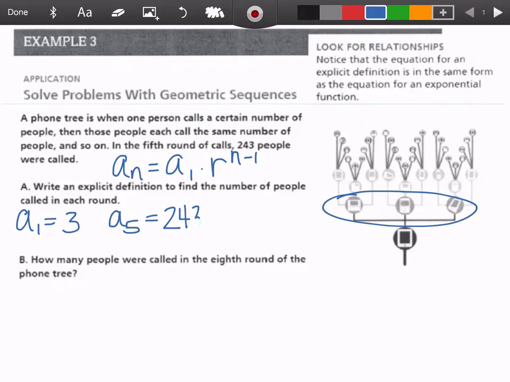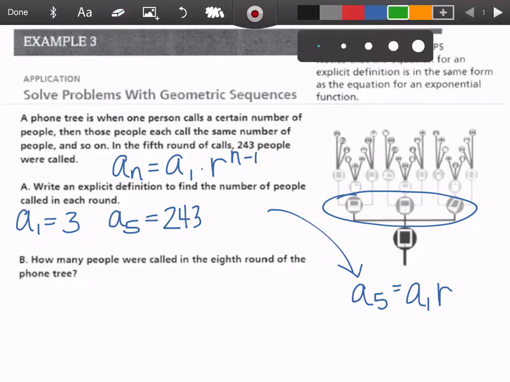Now we just need to find the common ratio, which we are going to use the explicit formula for. So we have the fifth term, so a sub 5 is equal to the first term times the common ratio raised to n minus 1. But we know what n is, because in the explicit formula, the nth term is equal to the n in the exponent.